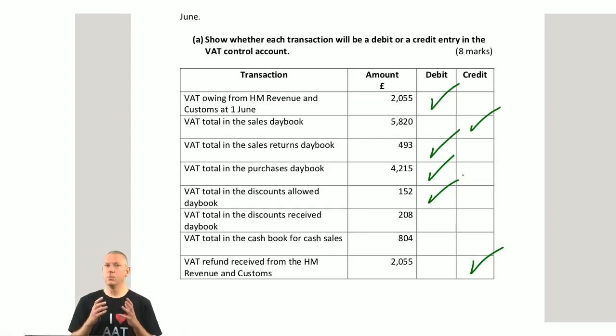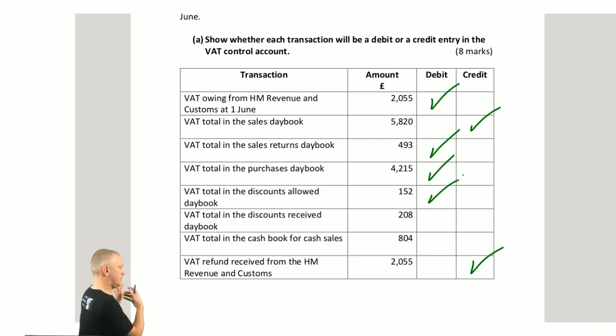And then continuing on, total on the discounts received day book. So discounts received are received from our suppliers. So when you receive a discount, it's related to your supplier relationship. And if you get a discount received, it means that you are paying the suppliers less money.